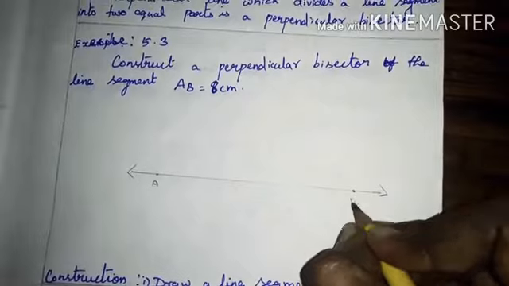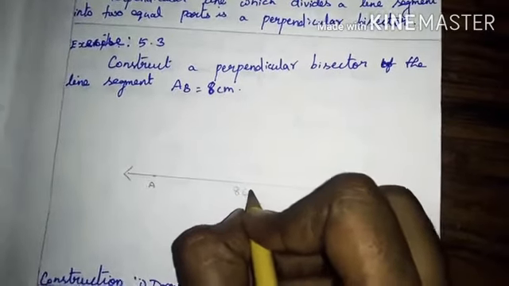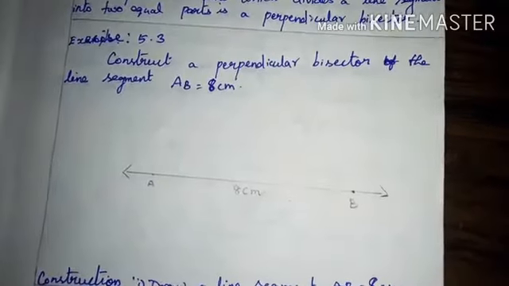Mark this point as B. The length of this line segment AB is 8 cm.